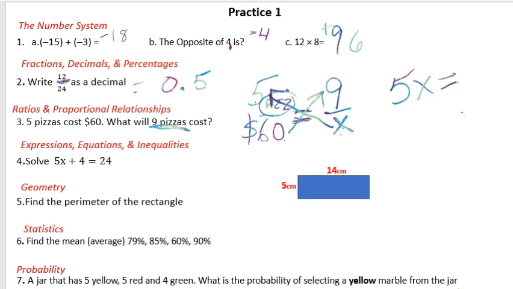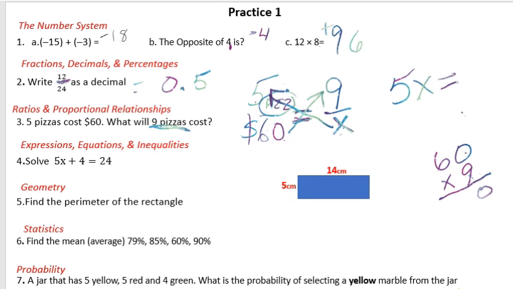Just to understand how to do this without a calculator, let's go ahead and multiply 60 times 9 without using a calculator. So right here, I'm going to write 60 times 9. What is 9 times 0? 0. Remember, whatever is at the bottom of your multiplication problem, you have to multiply that by every number at the top.